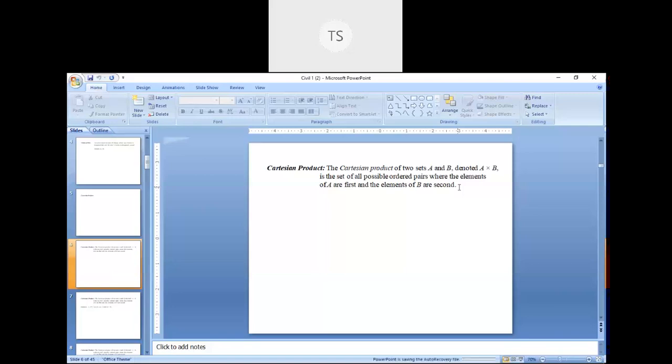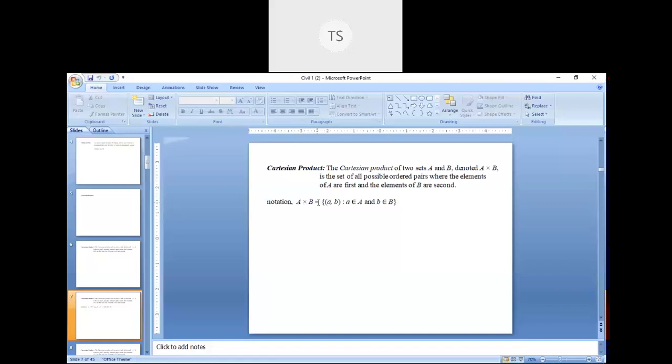Now see this. If I use this line in notation, then it will be clear to you that for Cartesian product of two sets A and B, I will use A cross B. Now how to define this Cartesian product?